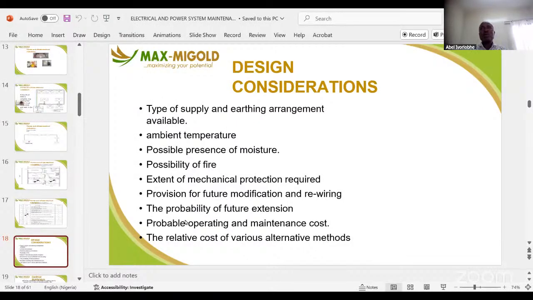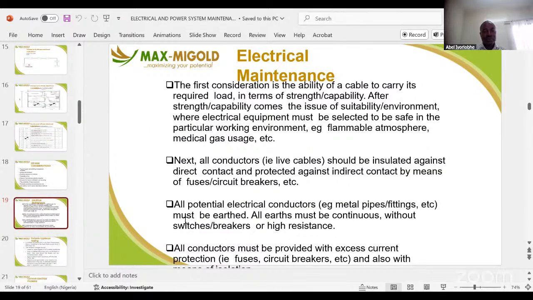Will my solar equipment be able to fit into what I have in existence? These are the things you need to consider when doing your design. Electrical maintenance too, like I explained, maintenance costs: do I need to rent scaffolds or rent a cradle to get this equipment replaced?